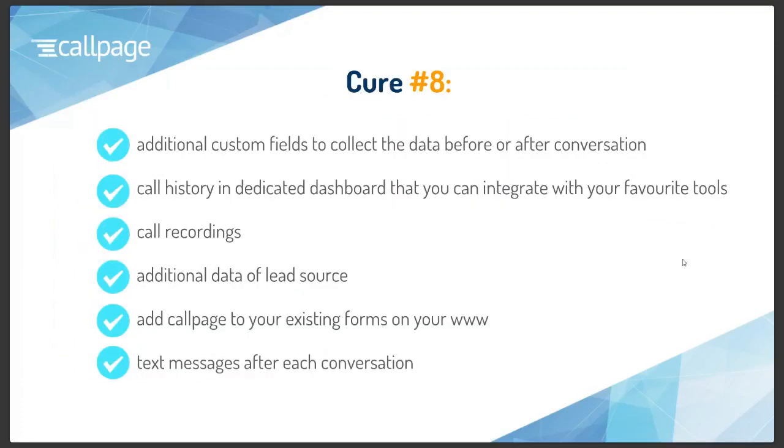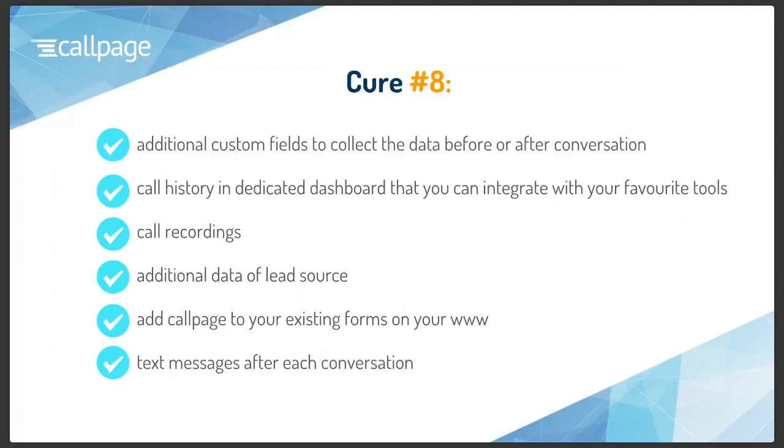Yeah, of course, as I said before, there are custom fields, so you have all the data about your customer that you need. As I said before, there is also the call history in your dashboard, which connects all the data that you need. And you can integrate it, for example, into your CRM system, and then it's easy to find all the information that you need.